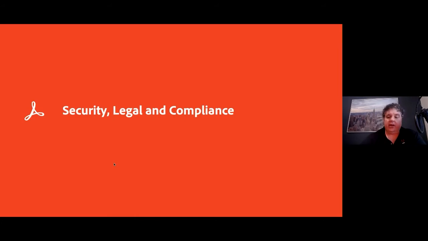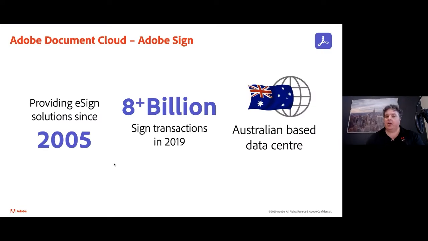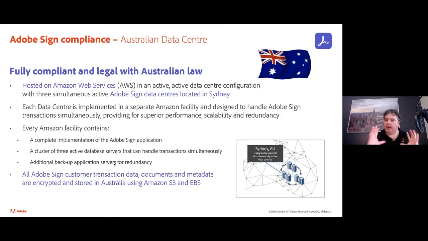Now, we'll talk about security, legal and compliance, and we're going to be very quick here because we've got some white papers. Adobe Sign has been around since 2005. Adobe bought it in 2011, so for the last 9 years we've been evolving it to become the product it is today. 8 billion signatures last year. That has grown exponentially this year, but I don't have the latest numbers. And we have an Australian-based data centre, so data residency is here in Australia.